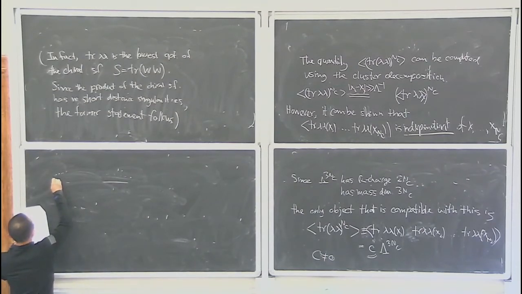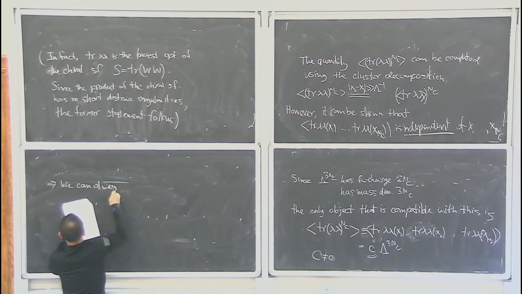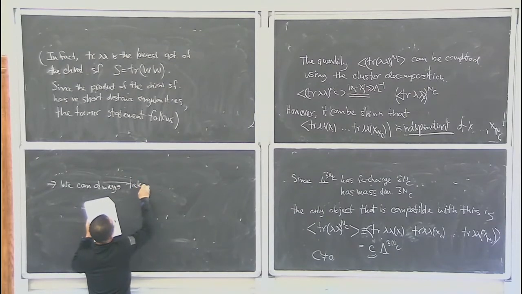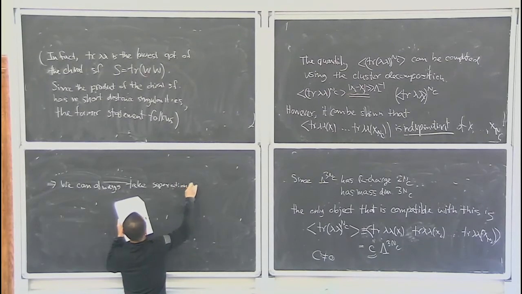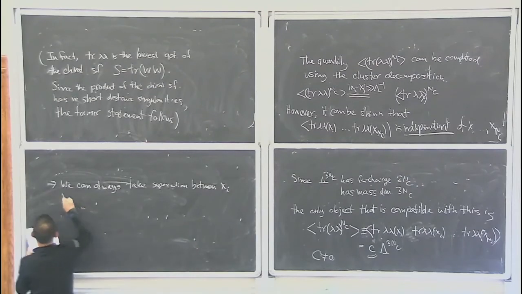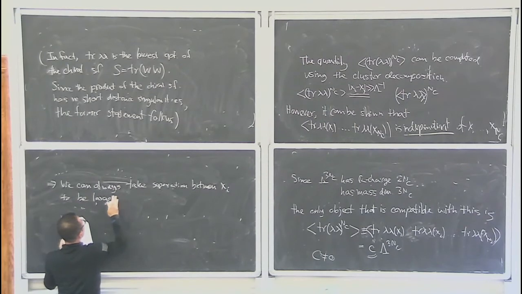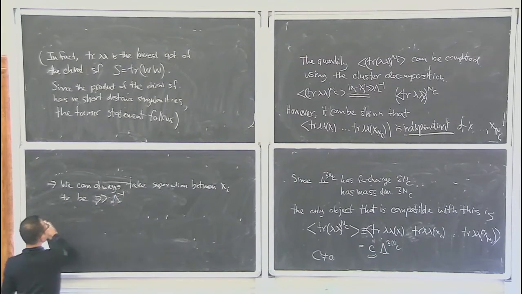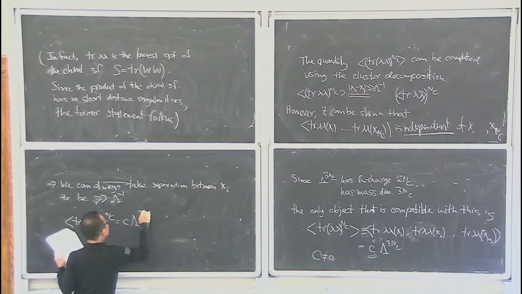So this means that we can always take the separation between the x_i to be large, larger than lambda inverse. Okay? So what we have is that trace lambda lambda to the N_c equals 3 lambda cubed to the N_c.